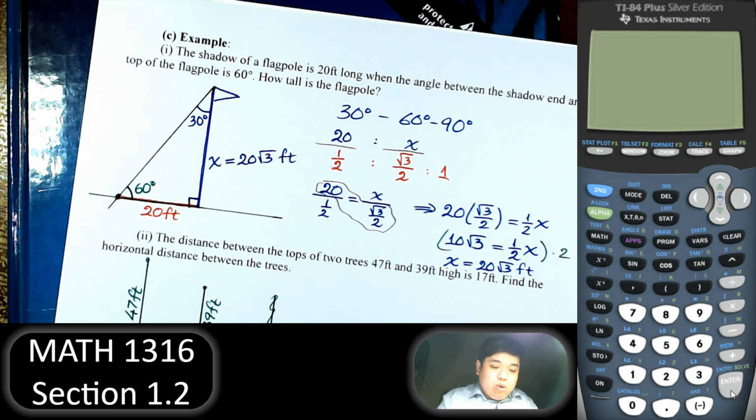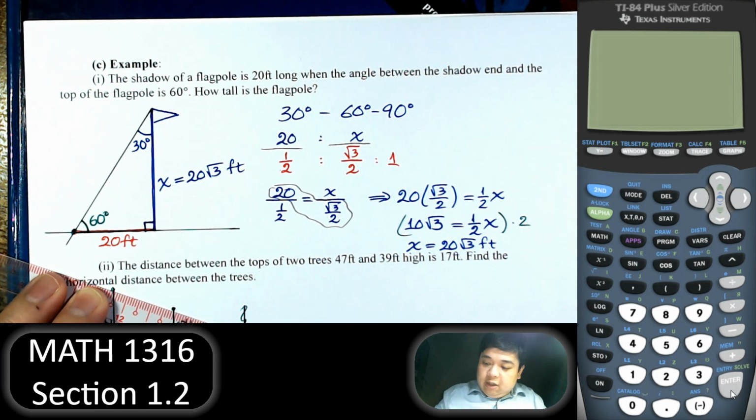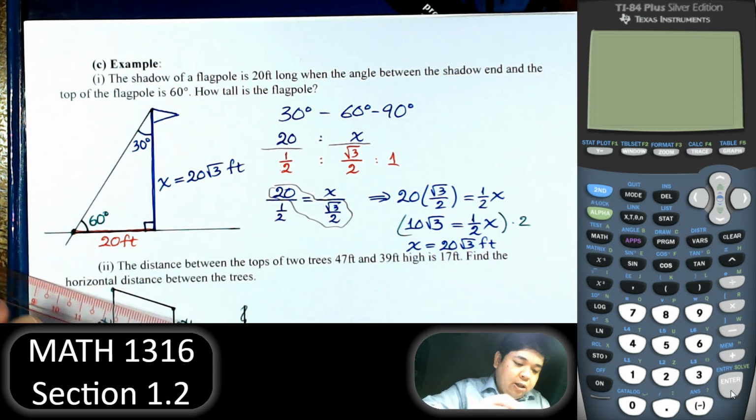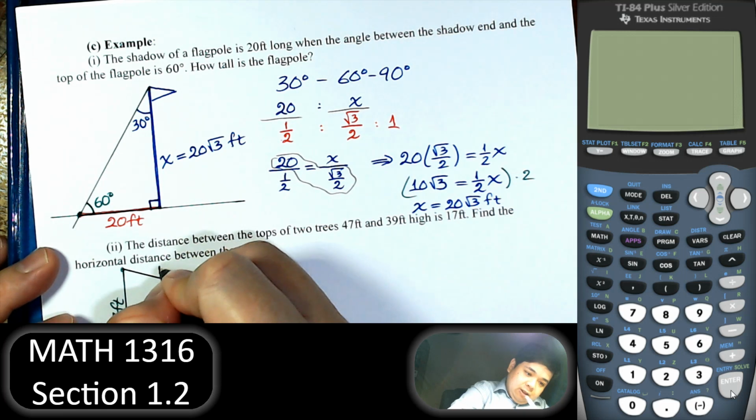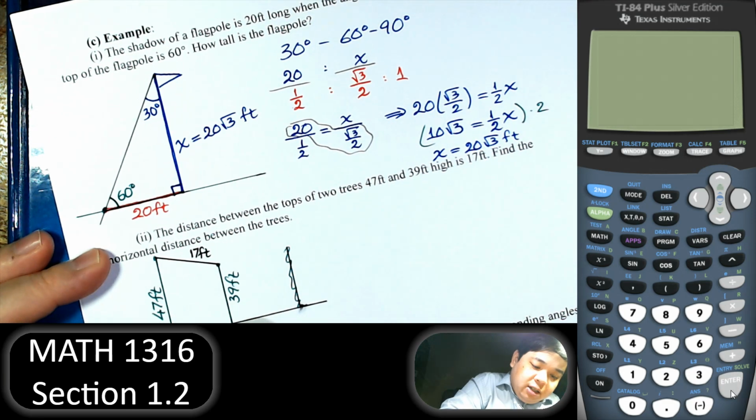So the distance between the tops of the trees is 17 feet. So this distance is 17 feet. Find the horizontal distance between the trees. So we are asked to find this horizontal distance.